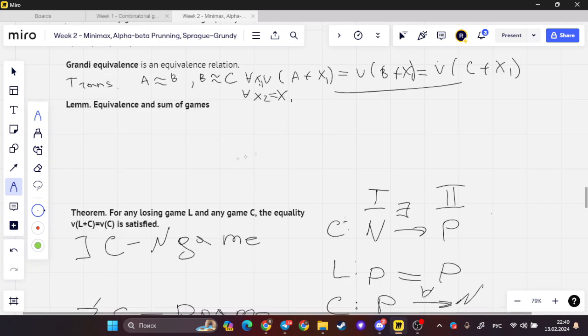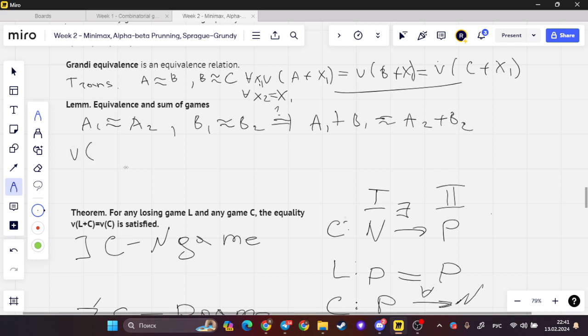Okay, next, the sum of equivalent games. I forgot to write it down. If we have a game A1 that is equivalent to A2, and a game B1 that is equivalent to B2, it means that A1 plus B1 is equivalent to A2 plus B2.